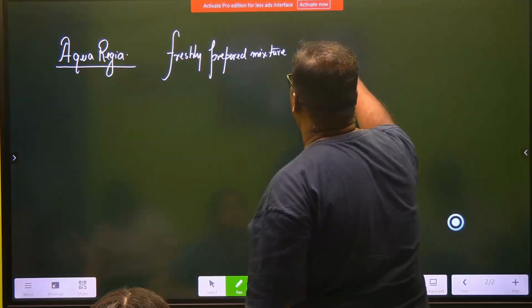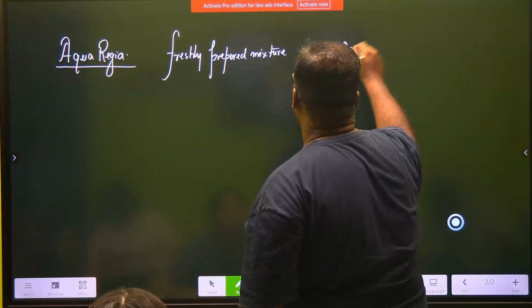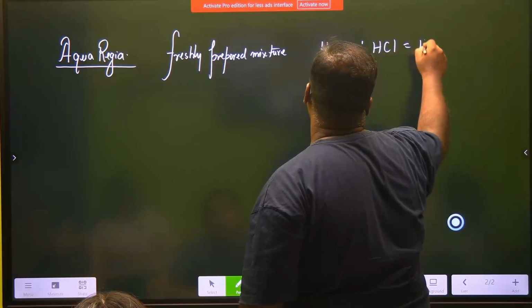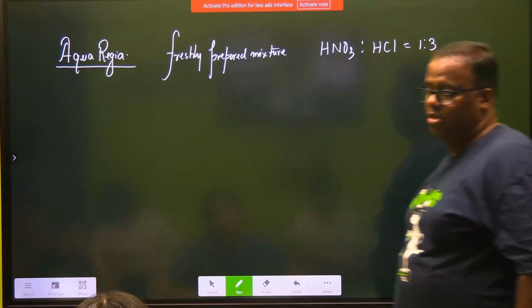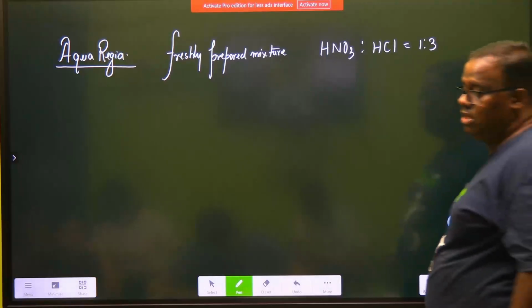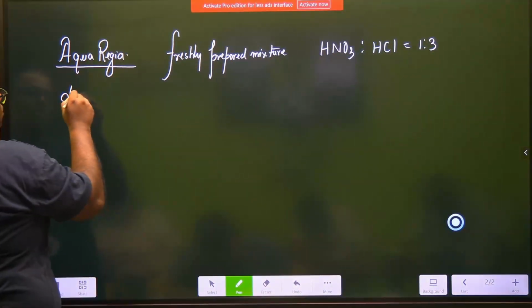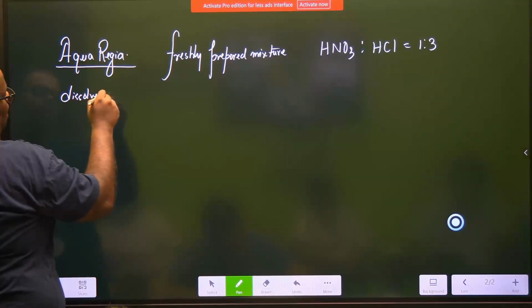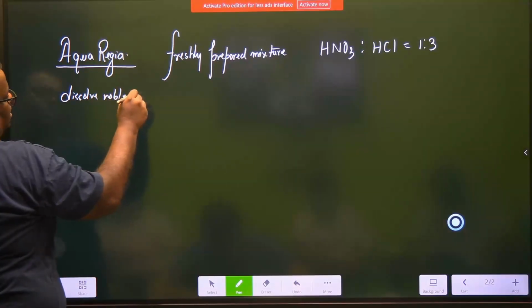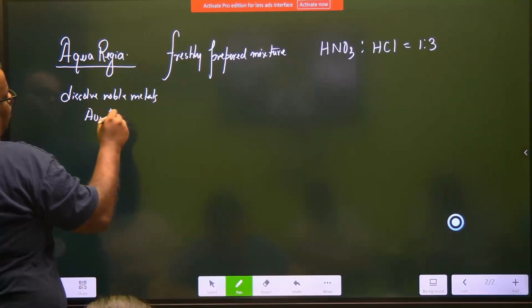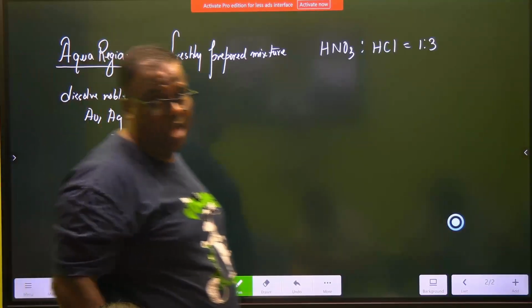It's a mixture of HNO3, concentrated nitric acid, to concentrated hydrochloric acid in the ratio of 1:3. Goldsmiths and jewelers use it, and it has the property to dissolve noble metals like gold and silver. It can dissolve everything.